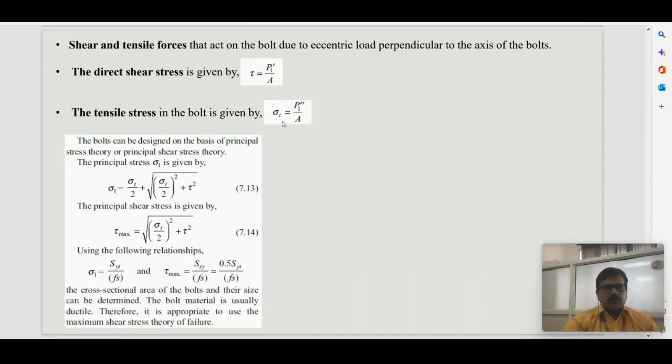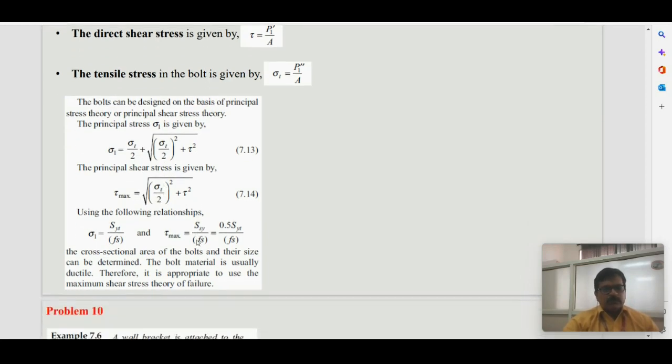So there is one normal stress and one shear stress. So the major principal stress is equal to sigma 1 by 2 plus square root of sigma 1 by 2 whole square plus tau square, and tau max is square root of sigma 1 by 2 whole square plus tau square.